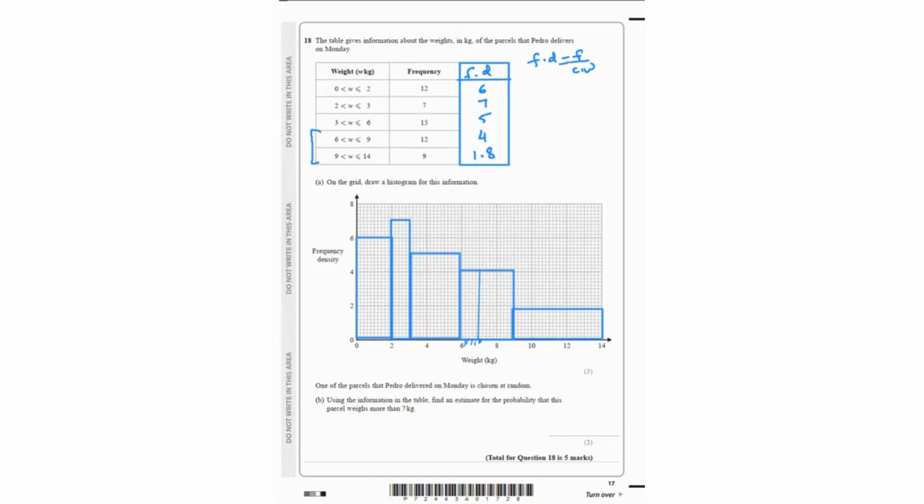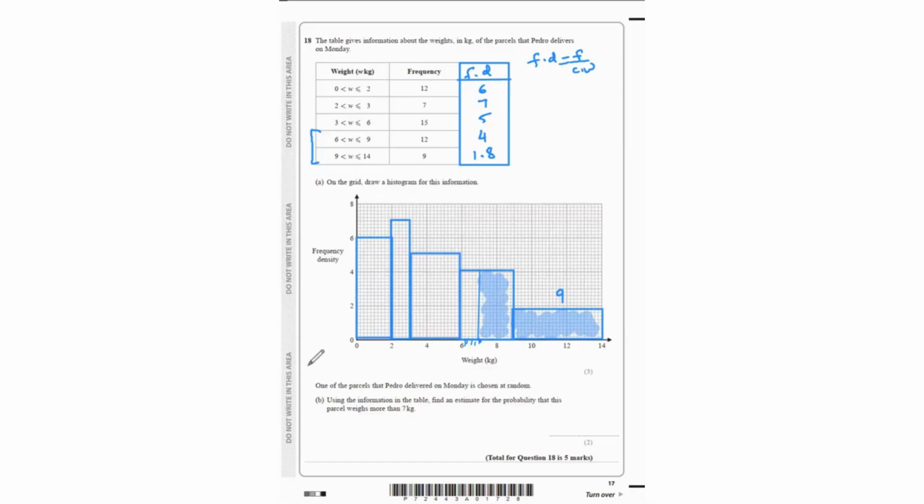So we have to talk about the probability that the weight is more than 7 kgs. So this and all of this. So for the number of parcels, we know that from 9 to 14, it's 9. For 6 to 9, the number of parcels is 12. But we have to find for 7 to 9.